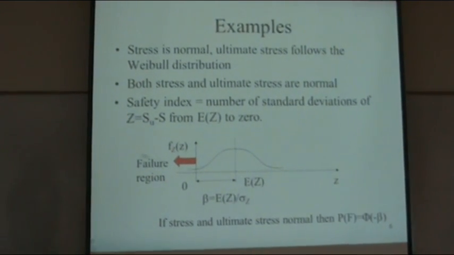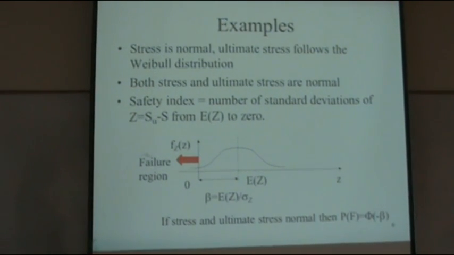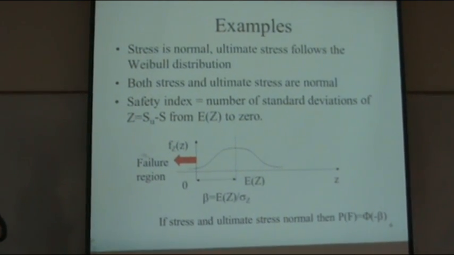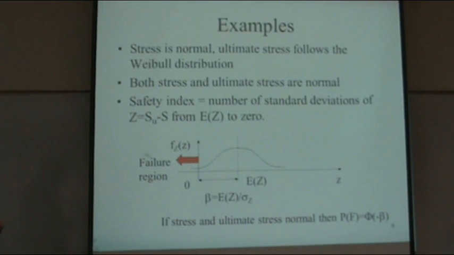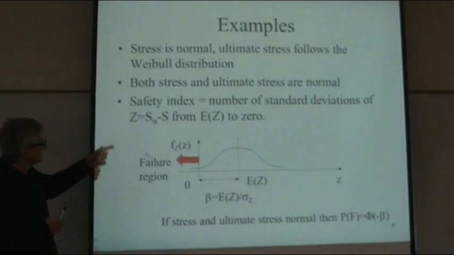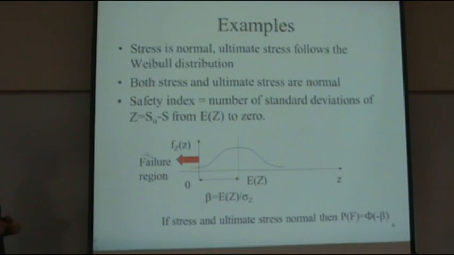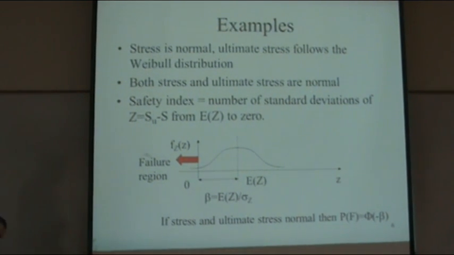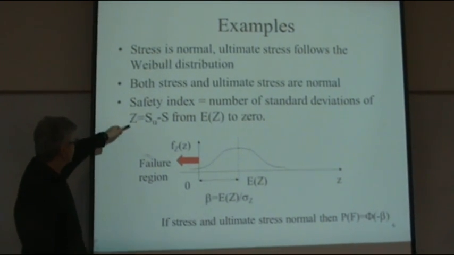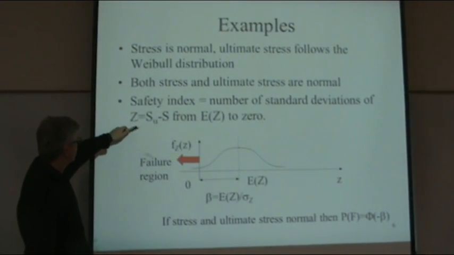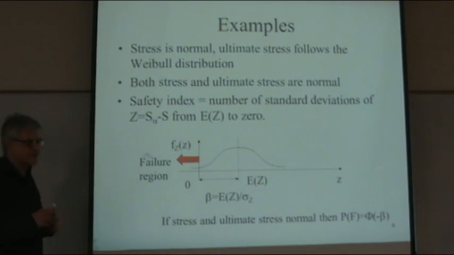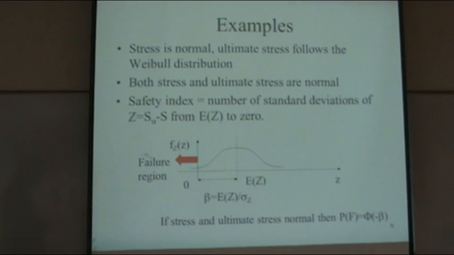We also talked about the safety index. If the stress and the ultimate strength are normal, then the safety index tells you how many standard deviations away from zero is the mean value of the difference of the strength and the stress.